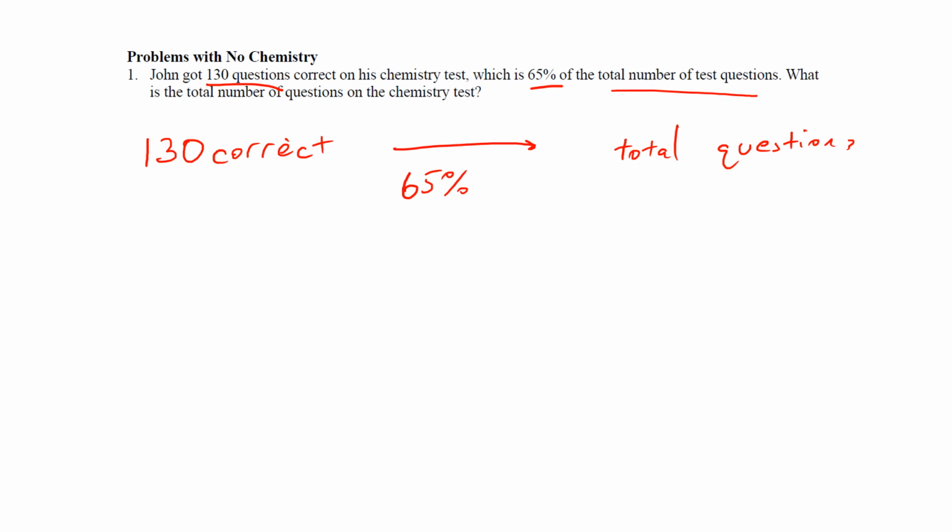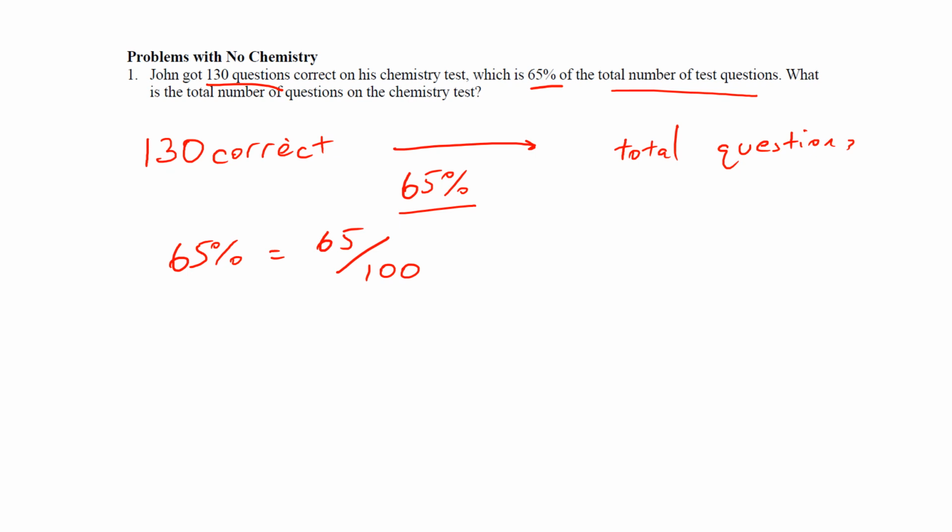Now I just have to use this data. All right, so triage, well, this is a percentage problem, right? We have percents here. So let's remember what percent means. 65% means that it's 65 per 100. So 65 over 100. That's how we deal with percents.